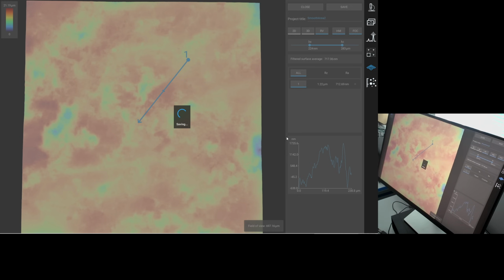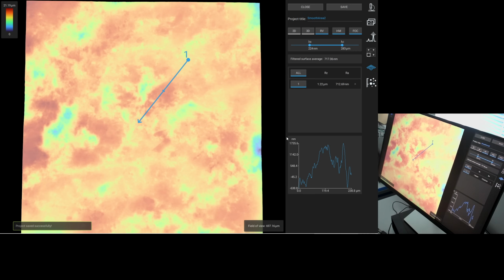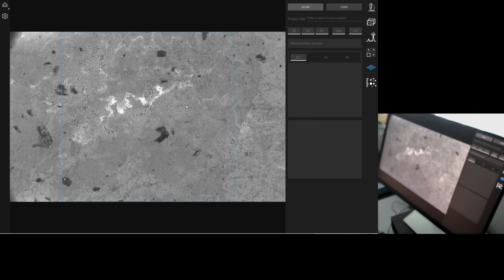We will try and find a scratch. Let's find a scratch.